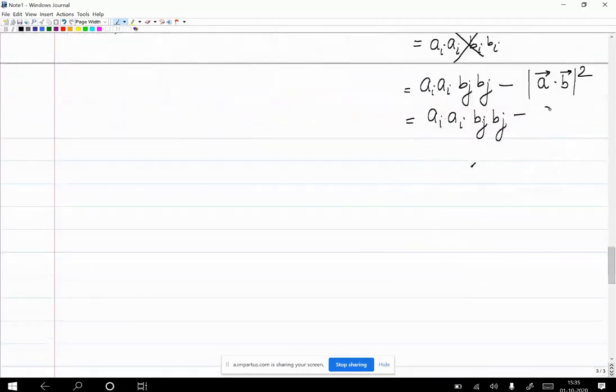So that's A_i B_i, and I want its square. So I should write like this.